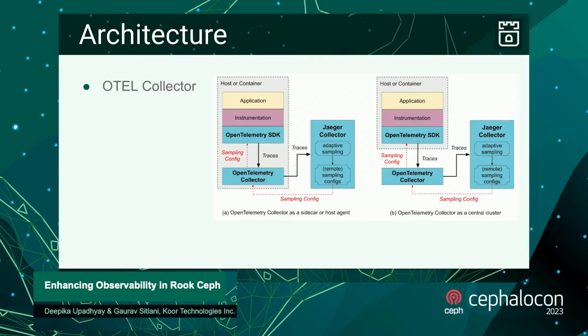So the OpenTelemetry collector and Jaeger, how does it work with the code? Basically, our app has instrumentation using the OpenTelemetry SDK, and we use this along with the sampling configuration, based on which we decide, okay, this is the span. Do we want to keep it? Do we want to transfer? Do we want to even propagate it to the children?